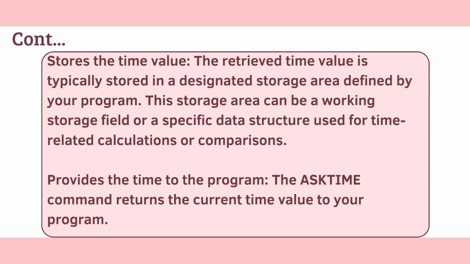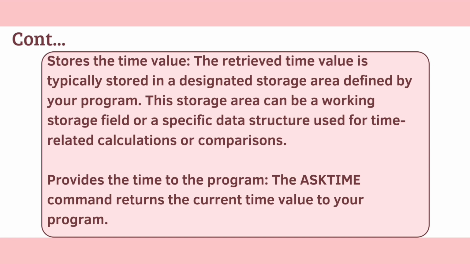Then it stores the time value. The retrieved time value is typically stored in a designated storage area defined by your program. This storage area can be a working storage field or a specific data structure used for time related calculations or comparisons.